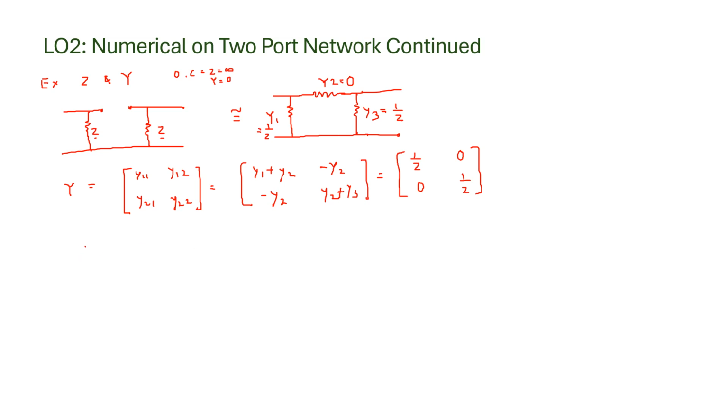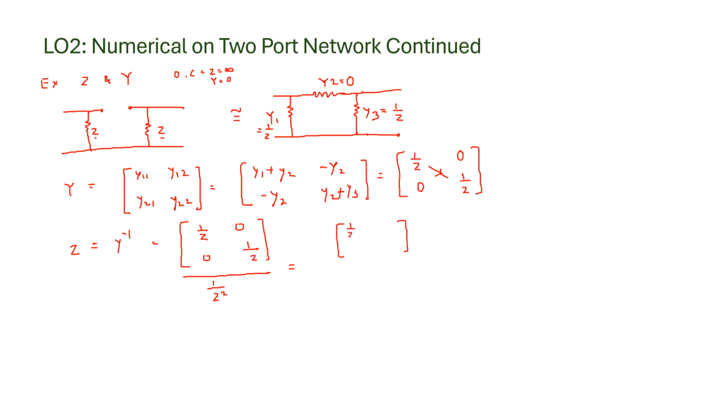So this is how we can find these y parameters. Now let us see how we can find z parameters. You take y inverse. If you try to do it, it will be an interchange of the diagonal elements, 1 by z and 1 by z, and the off-diagonal elements, 0 and 0, with negative sign, doesn't change, divided by the determinant. So it is 1 by z square minus 0.